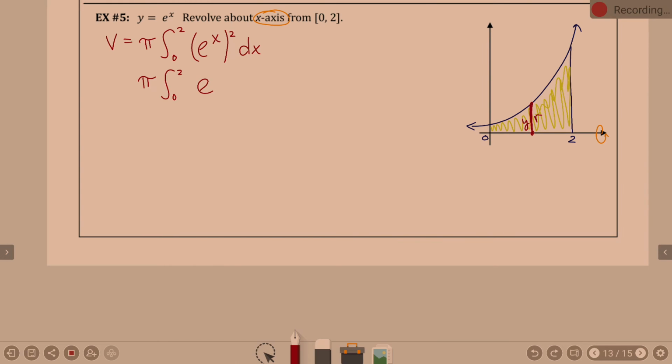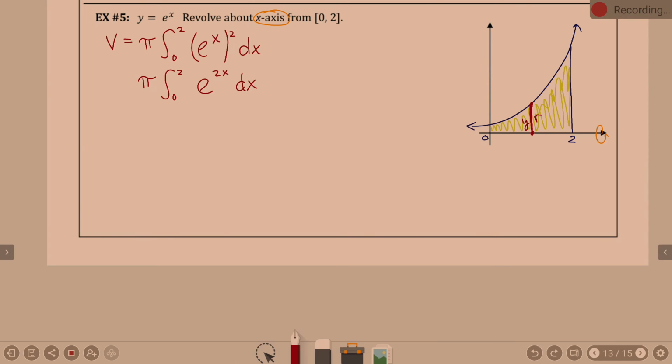So e to the x raised to the second, x times 2 is 2x, dx. And if it's a calculator active problem, you can just plug that into the calculator and you don't have to worry about it. You can put e to the x in parentheses and square it, but we don't have that option here. Okay, we ready?